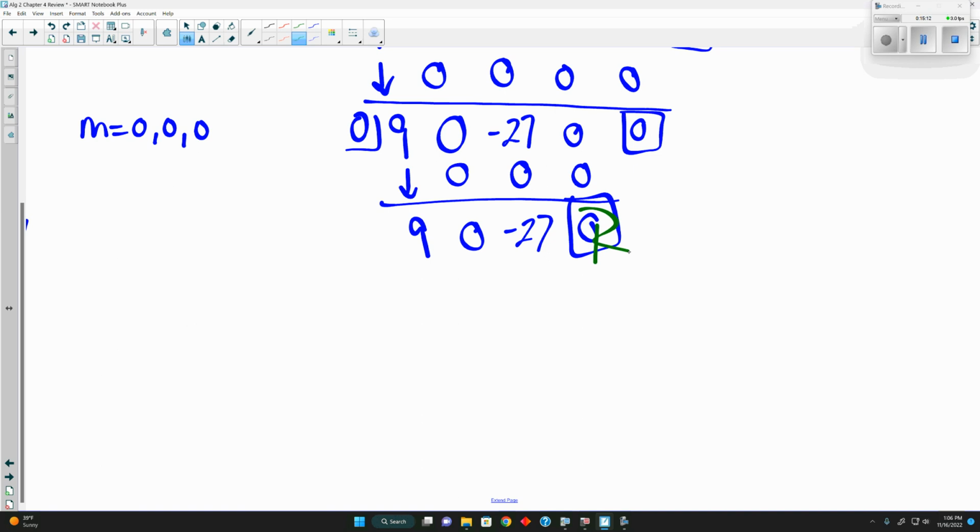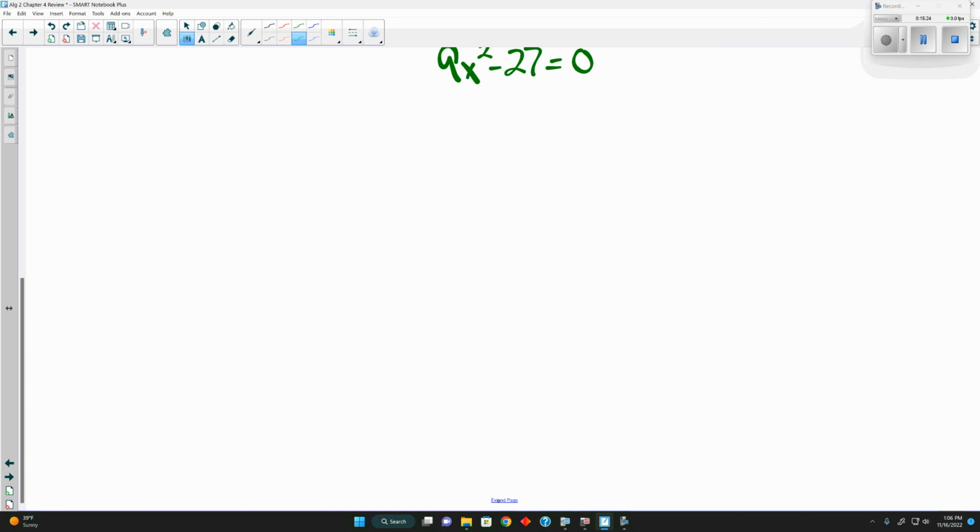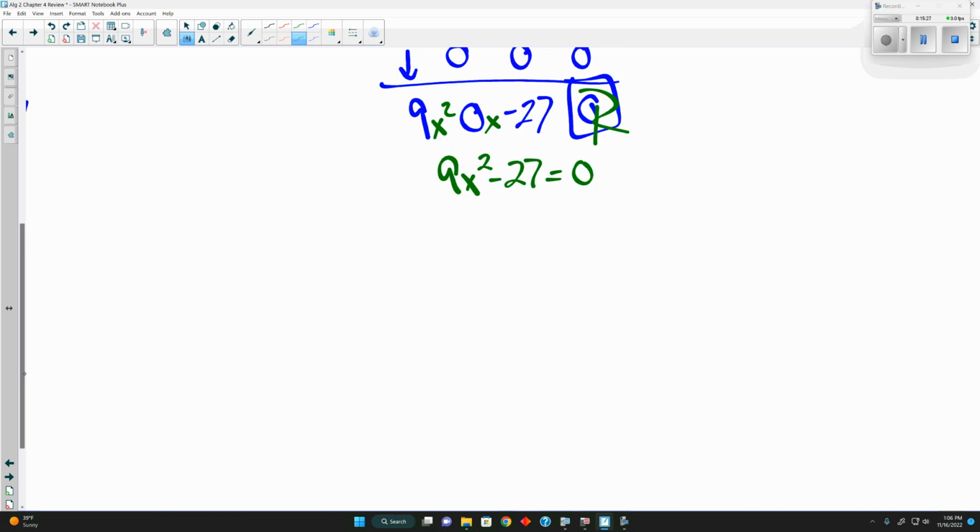This here is our remainder. Negative 27 is the term without x, 0 is the term with x, and 9 is the term with x squared. So what we're saying is we have 9x squared minus 27 is equal to 0. Because we don't have a middle term, we don't have to use the quadratic formula.